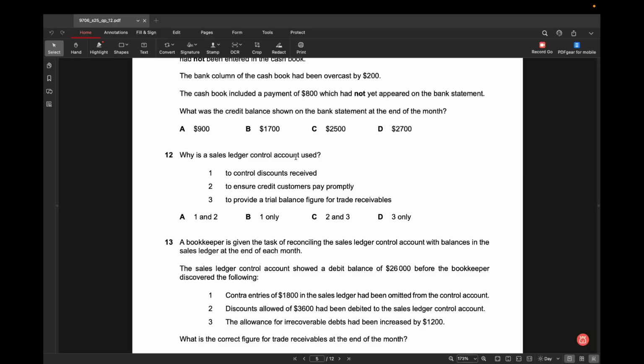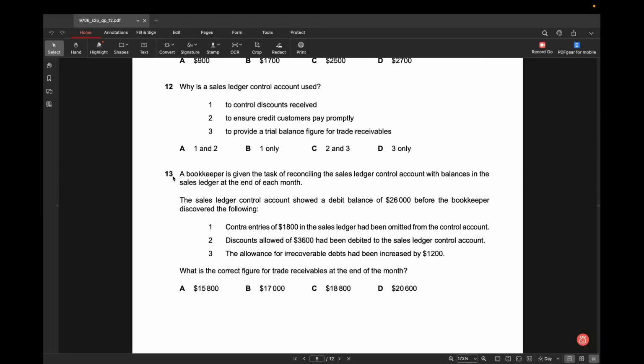And once you prepare the control account, the total can be used in the trial balance for trade receivables. So the sales ledger control account provides the trade receivable balance. Purchase ledger control account will provide the trade payable balance. So the correct answer for 12 is 3, and that is the only option. So D, 3 only.